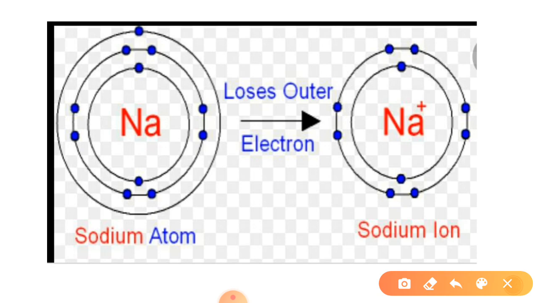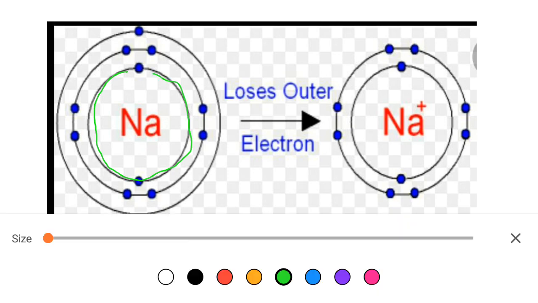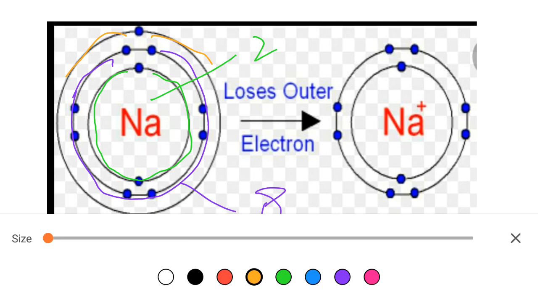Now count its electrons. As you can see, this one is the inner orbit, this one is the second orbit. There were 2 electrons in the inner orbit and how many in the outer one? 8. And now the last one, how many electrons are in it? 1. Okay, 1 electron. Now see how many in total. By calculating you will get that 8 + 2 + 1 becomes 11 electrons.